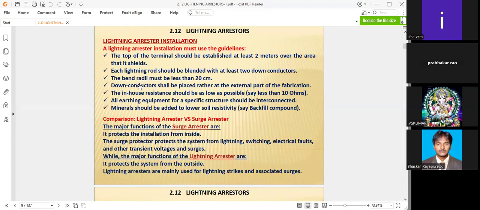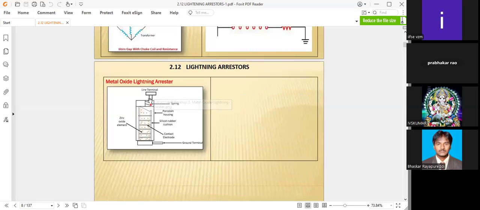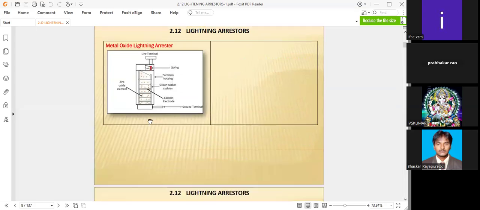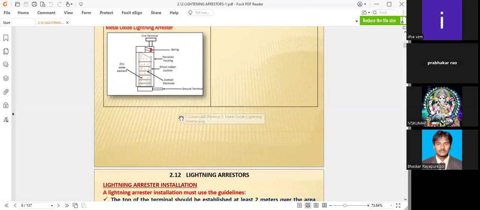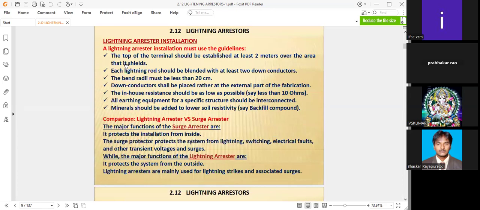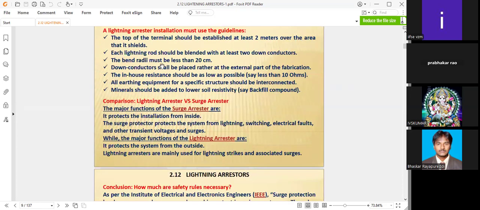The bend, this is what is called the bend radii. That means the bend radii, where the wires bend while going to the earth. The bend radii must be less than 20 centimeters.